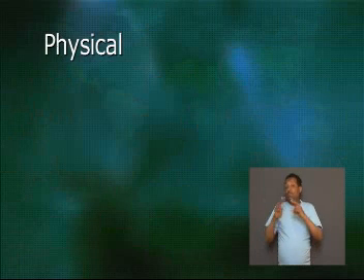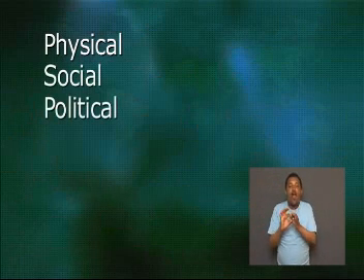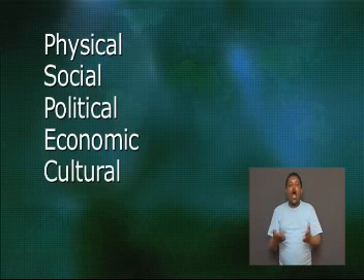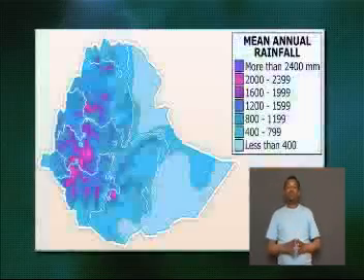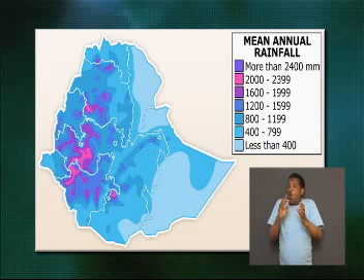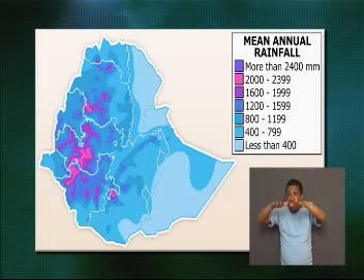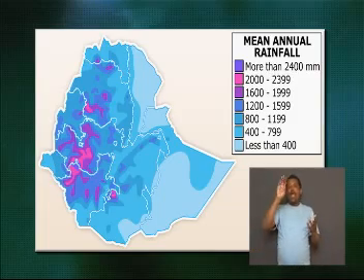Themes might include physical, social, political, economic, cultural, or other attributes of a region. For instance, if we wanted to learn about the annual rainfall distribution in Ethiopia, a thematic or topical map could help us.